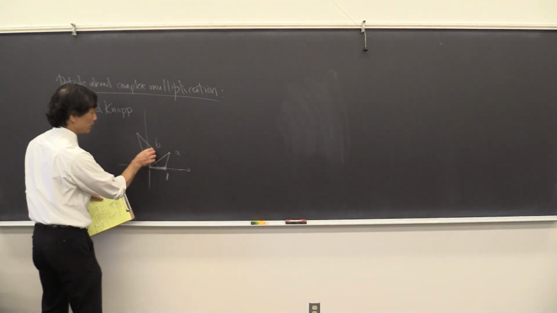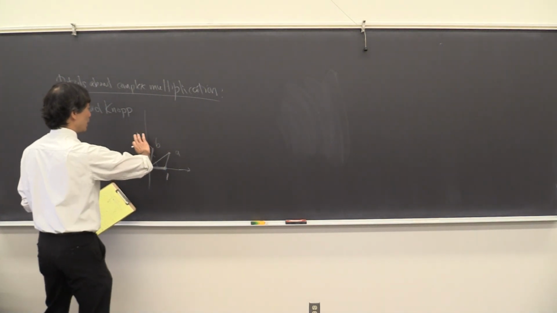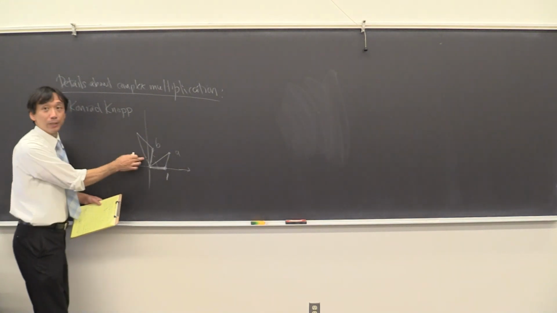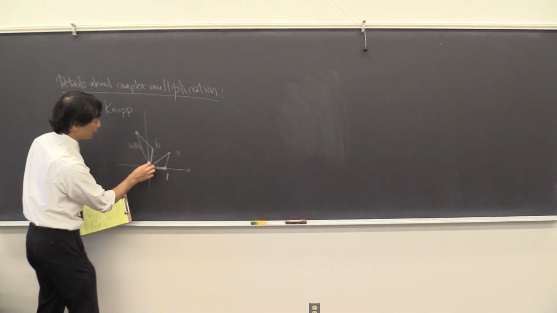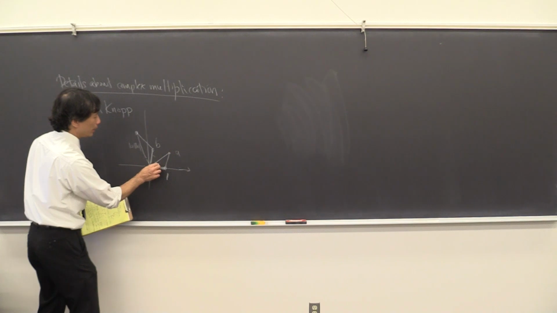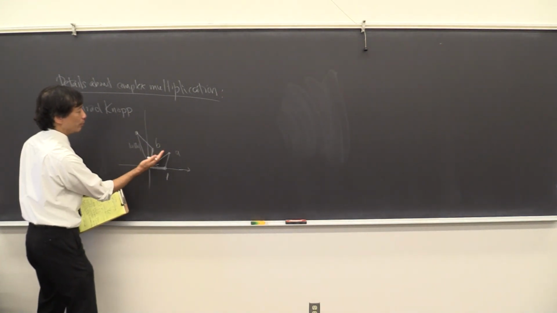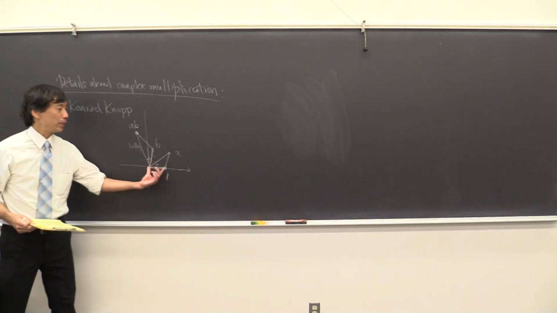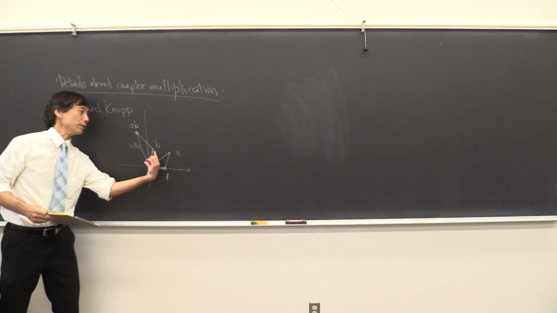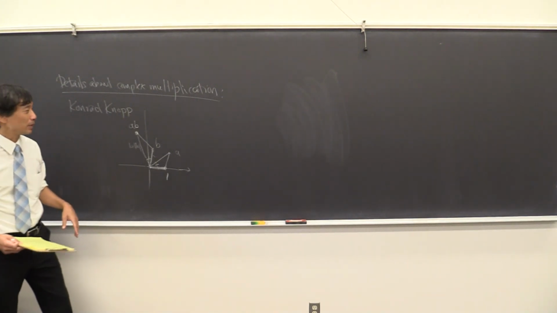So this is 1, and this length is going to be the product of the magnitudes, so this length is going to be AB. And what you've done here is you've added on this angle to the argument of B, so this is AB. So if you take this triangle here and make a similar triangle here, that's AB. So that's kind of cute.